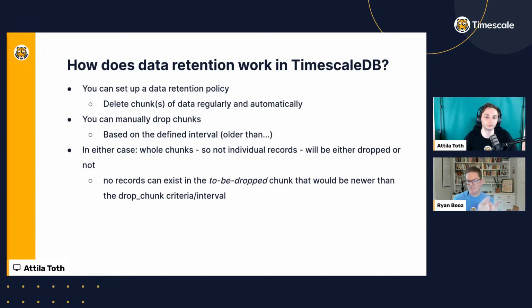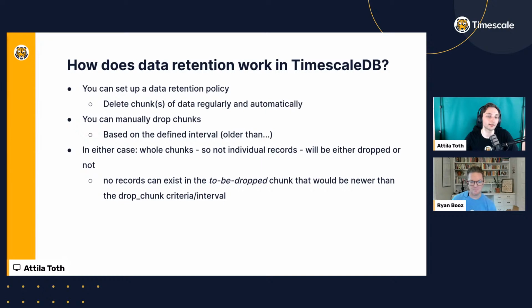And go look for chunks that have a range end older than that timestamp. And if we find any, now we can go ahead and drop them. So it's the whole thing at once. Again, it's essentially dropping a table. It's a subtable, it's a chunk, not deleting individual rows. So it's super quick and hopefully much easier to think about, right? You get the whole chunk done and you move on.